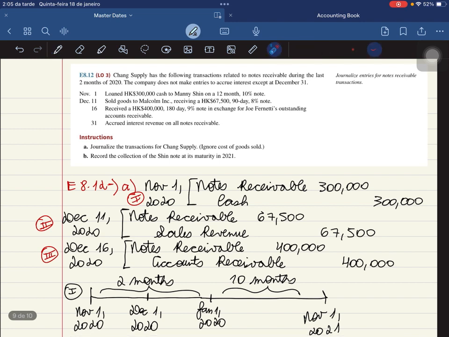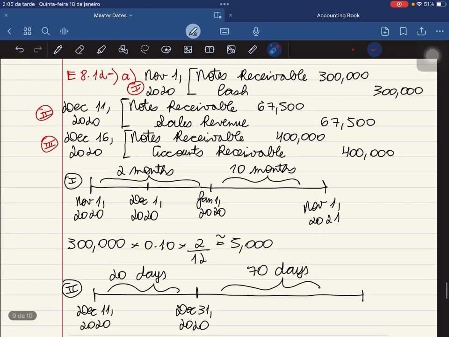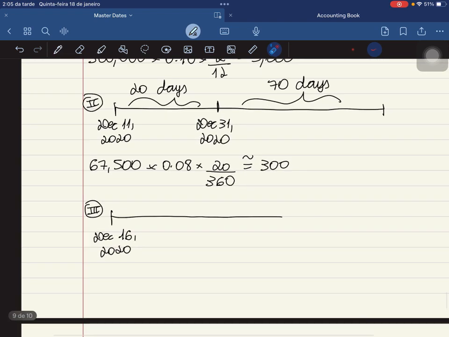Over here, 31 minus 16, that is 15, right? Which means that from December 16, 2020 until that other date, only 15 days have passed. So we are going to be calculating this value of the 15 days.